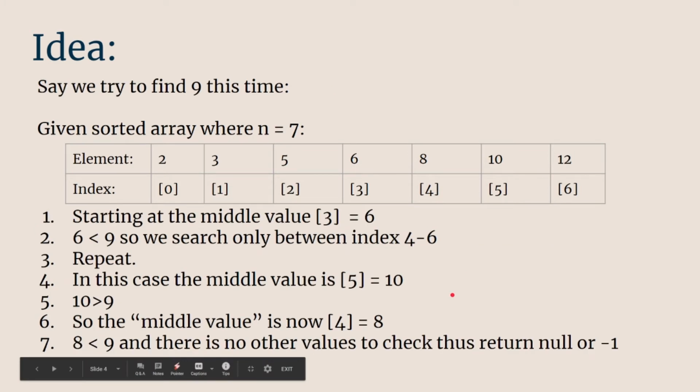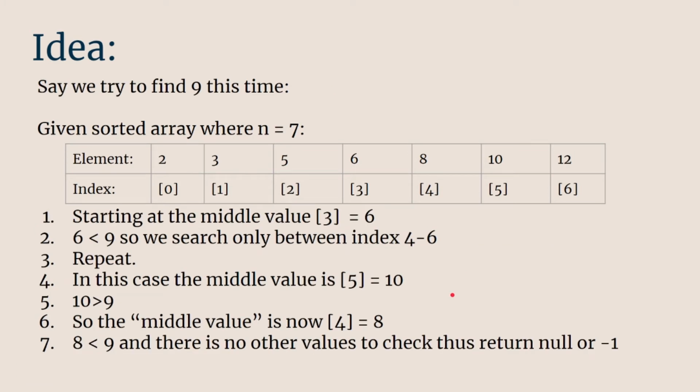Using this example, try to find the number 9 this time. What I'm trying to show you is what happens if the number that we're searching for isn't actually in the array. In this case, the middle value is index 5, which is equal to 10, and 10 is greater than 9.